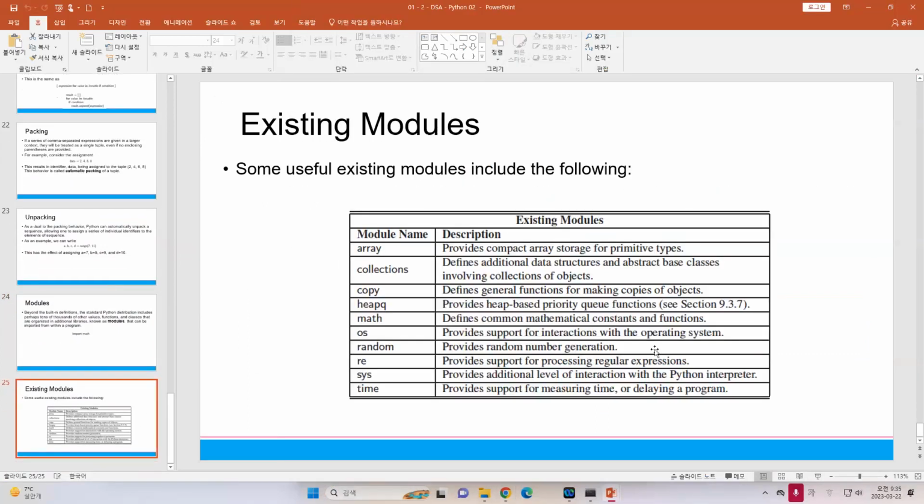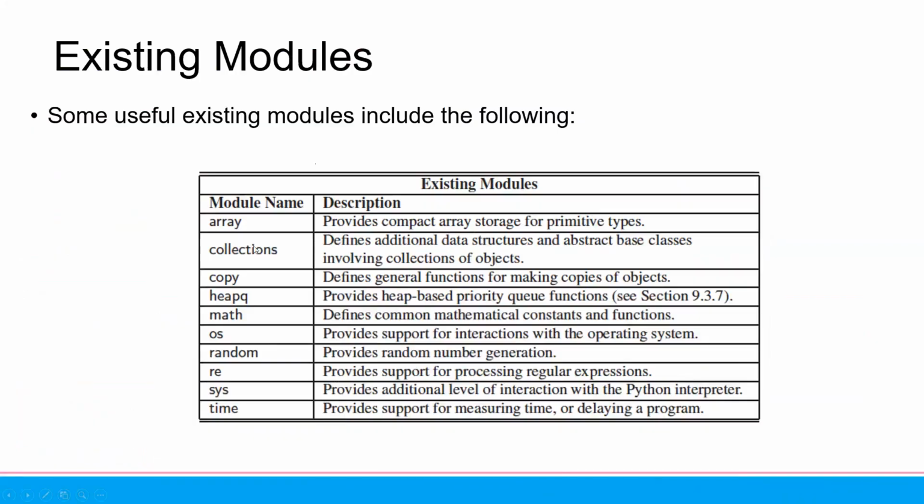So there are many modules that you can learn. For example, array. Okay, we will use array later. Collections, copy, heapq, math, os. OS means they want to know what kind of operating system you are using on your computer. If you are using Windows, it will be different from iOS. So they will check the compatibility of your computer.